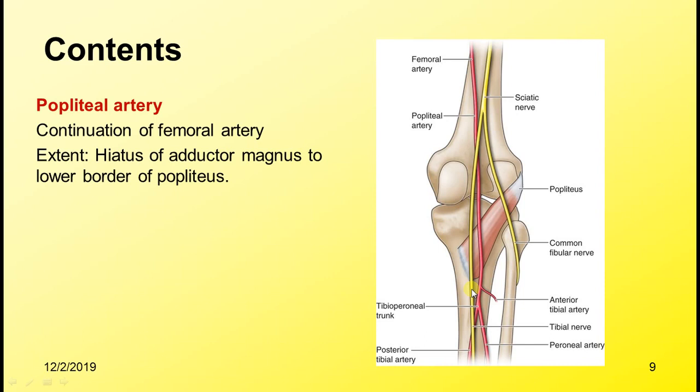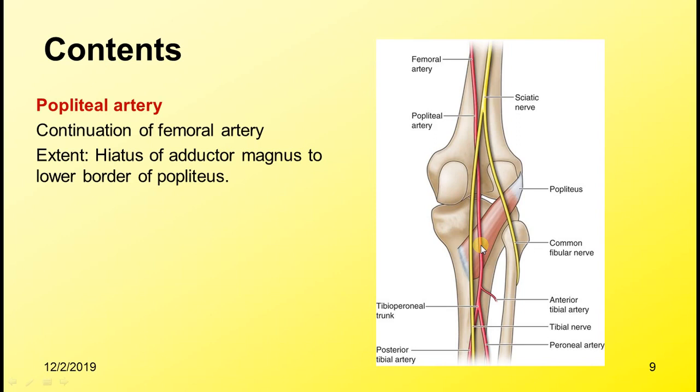Anterior and posterior tibial arteries. Now sometimes, if it is going to divide at a higher level, rather than the lower border of the popliteus, somewhere in the middle, then the anterior tibial artery will pierce the popliteus muscle and enter the anterior compartment of the leg.